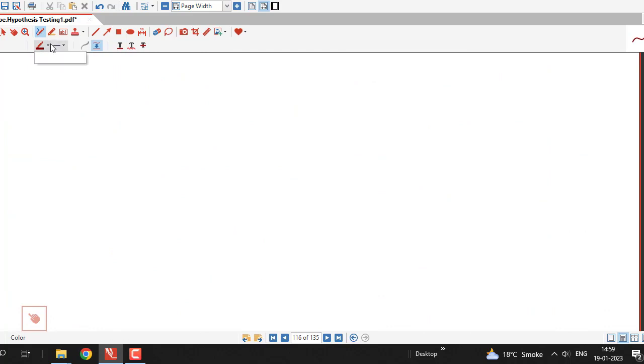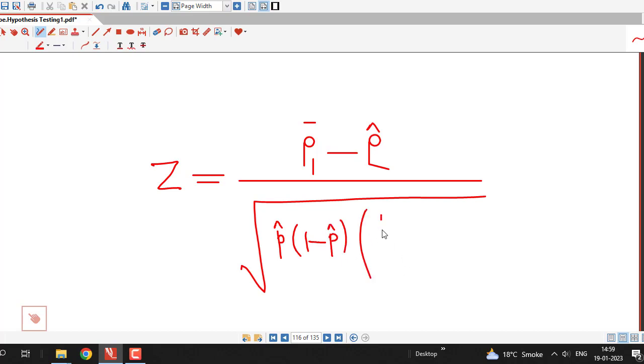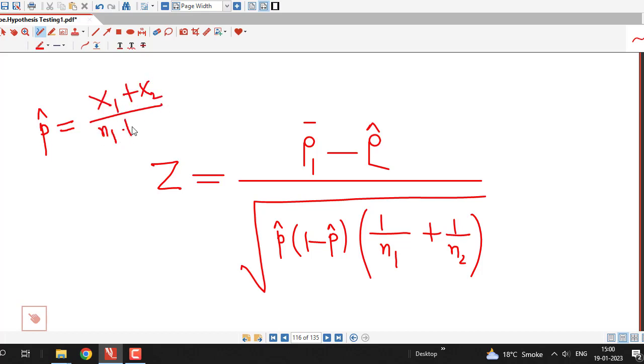Also, all we have to remember is this formula for test statistic, that P1 hat minus P2 hat divided by square root of P hat times 1 minus P hat into 1 over n1 plus 1 over n2, where this P hat is given by x1 plus x2 divided by n1 plus n2, and it is the estimator of two equal population proportions.